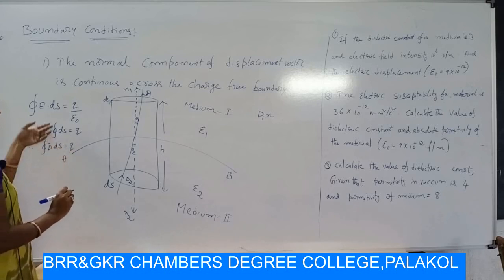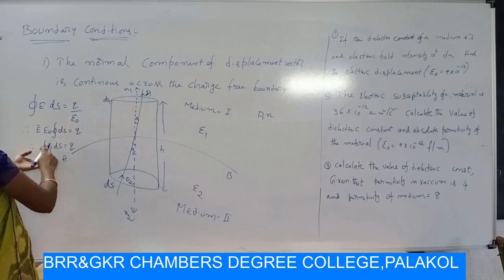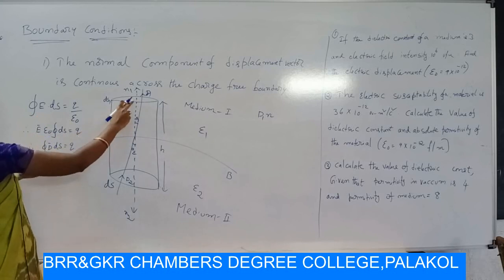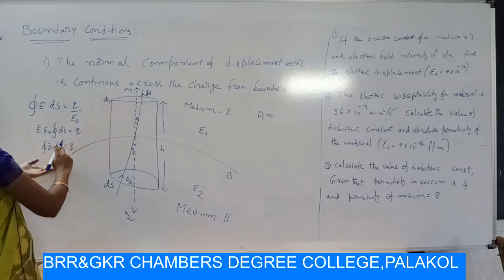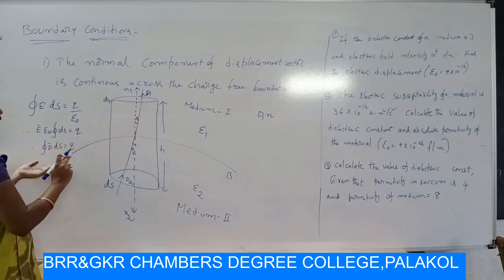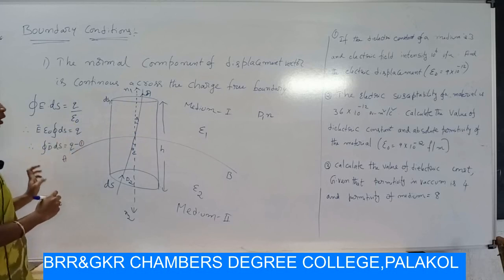The charge enclosed in this surface is equivalent to the closed integral of D dot dS. It means the displacement vector and the area dS give the charge enclosed within that small area dS of the pillbox, which is treated as equation 1.